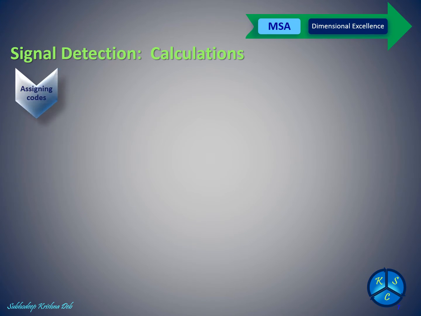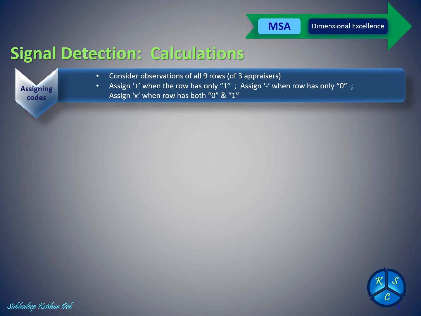Now how do we need to calculate? First of all, we need to consider all the readings row wise. For each appraiser there are 3 readings, so there will be 9 readings of data for each part, and we have to consider that, and we have to give a code. If all the readings in a particular row are similar, like only 1, then we have to give a plus sign.